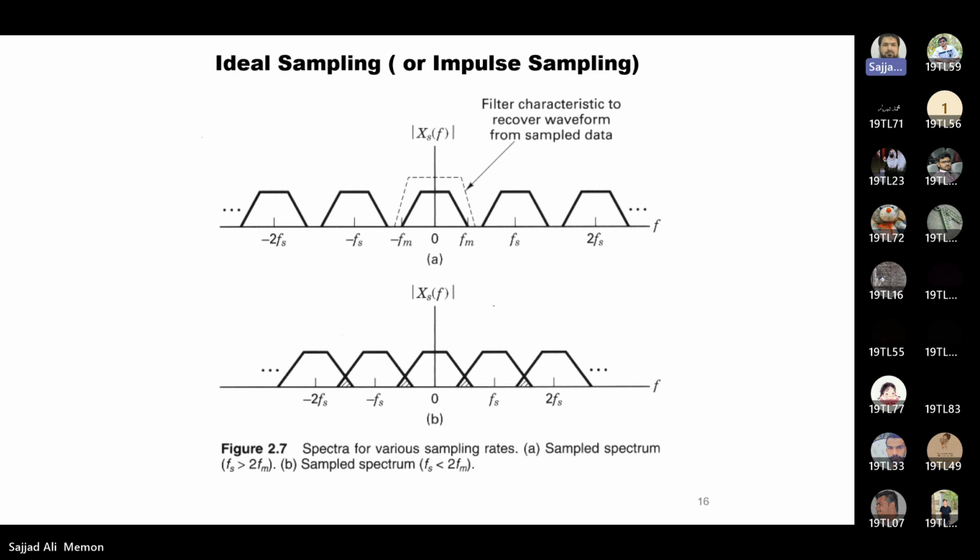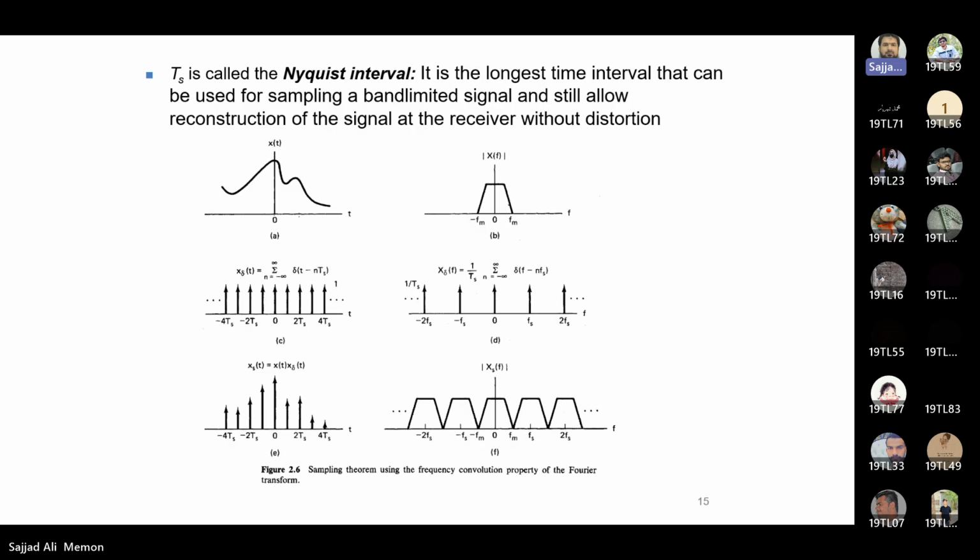So if we use the filter, you can recover one of these actual frequencies, this is the thing that we have sampled. If you go back, see this one. This is from minus f m to f m.